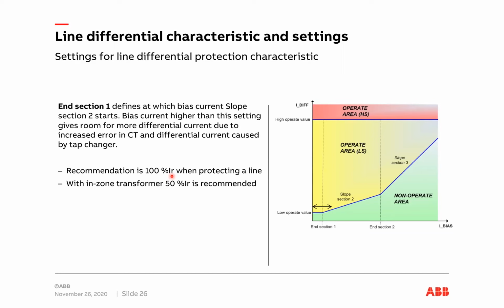If we have an in-zone power transformer, then our recommendation is that the end section 1 is set to 50% IR. And here we need to consider if we have a tap changer in this power transformer as well.